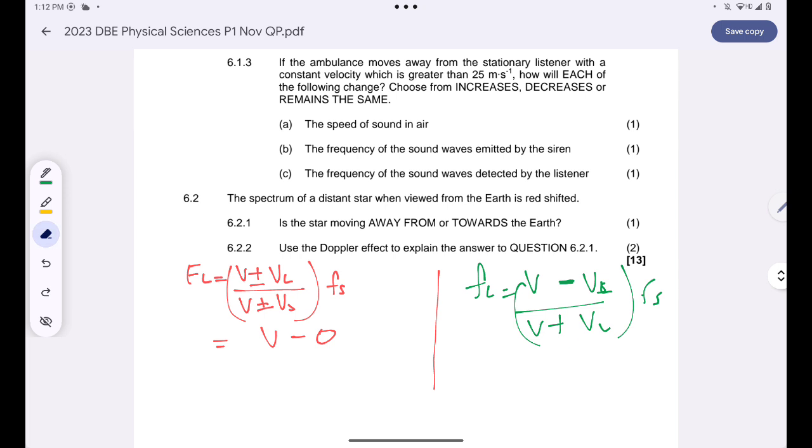But if the source was moving towards the listener, it was going to be a plus at the top, and then a minus at the denominator. Are you together? So this is how you know which sign to pick.